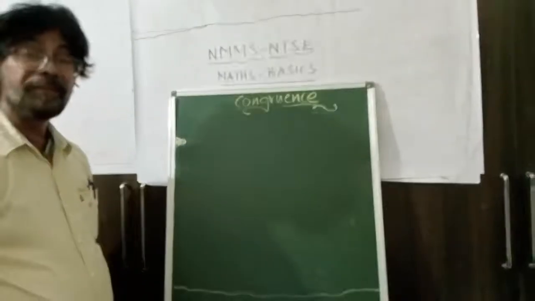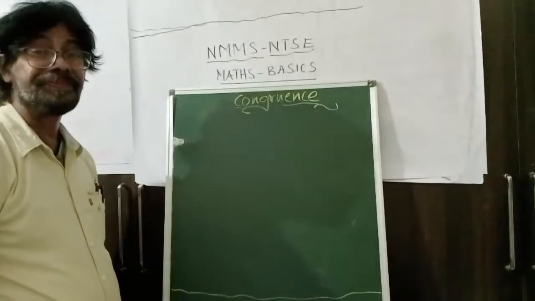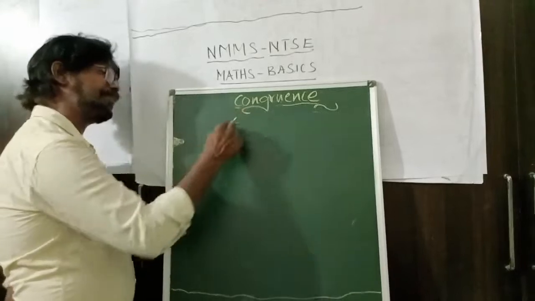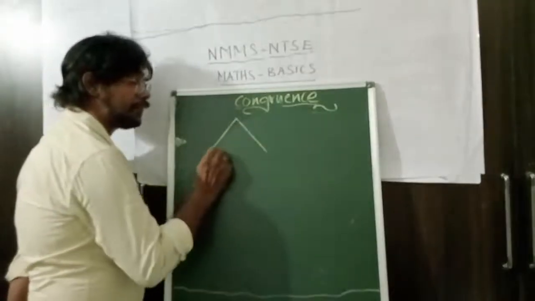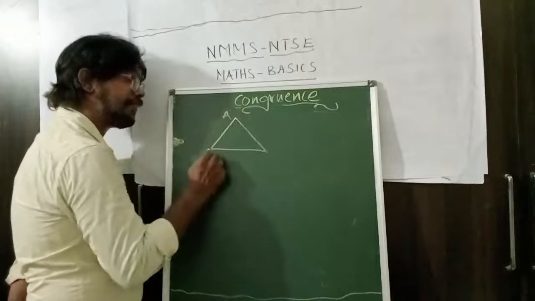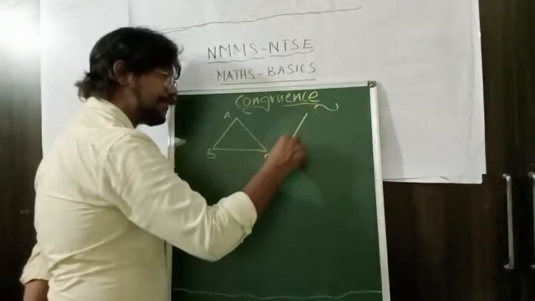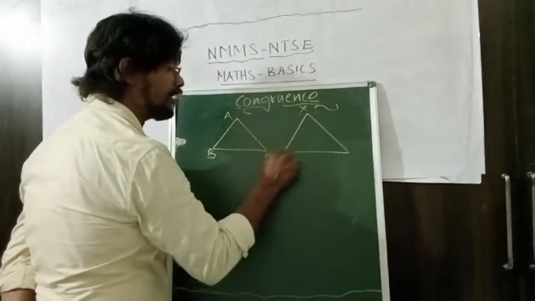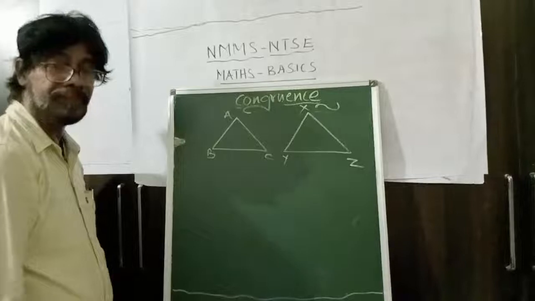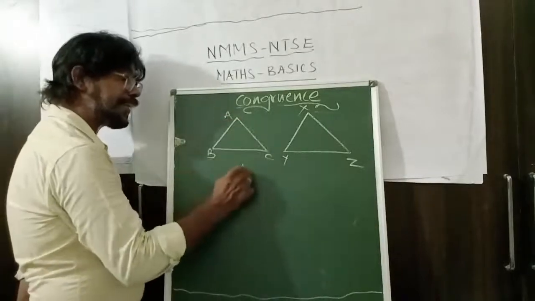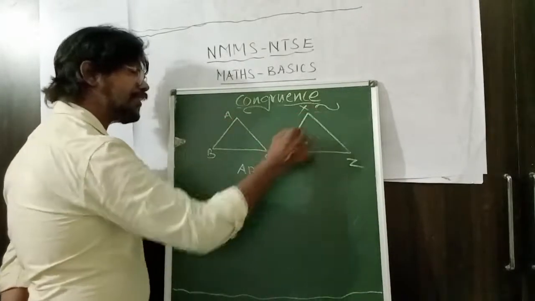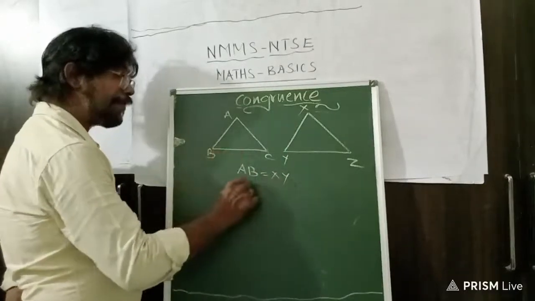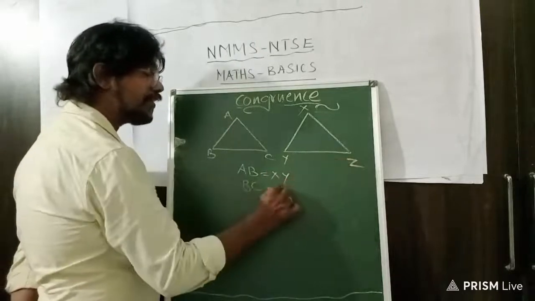Now we will apply this congruency for triangles. Suppose this is a triangle ABC, and this is another triangle XYZ. Suppose AB is equal to XY, side AB and XY are equal, and side BC is equal to YZ.